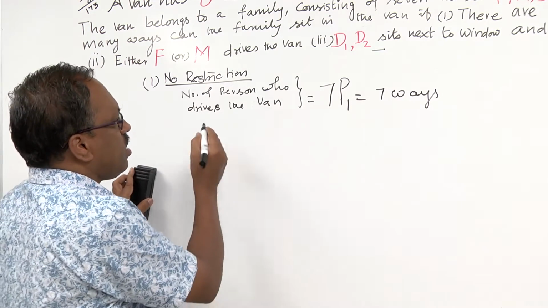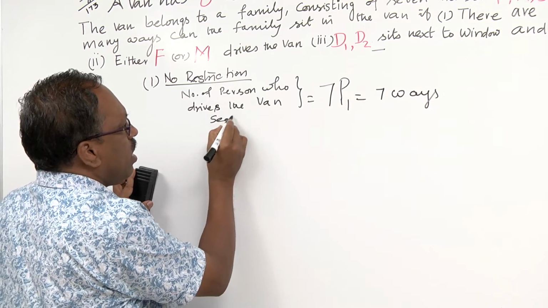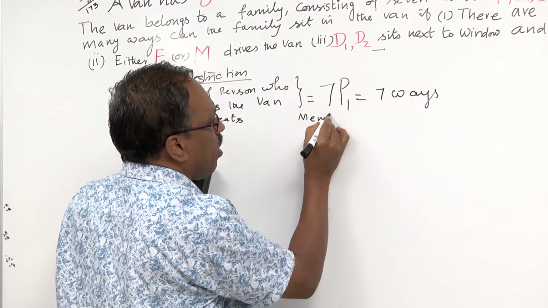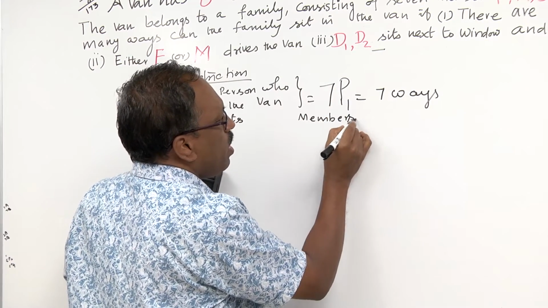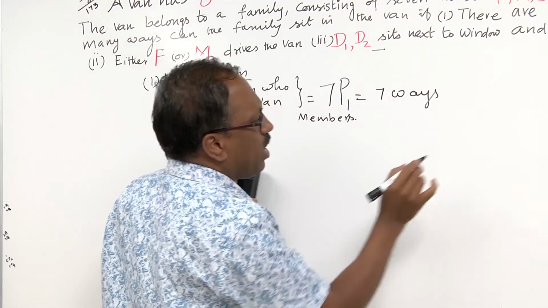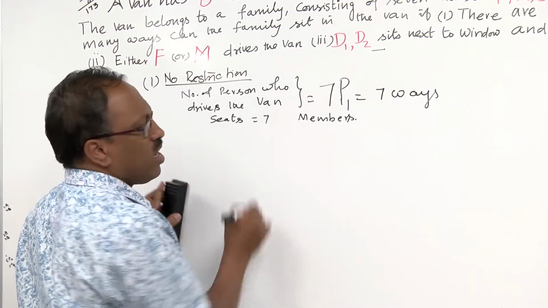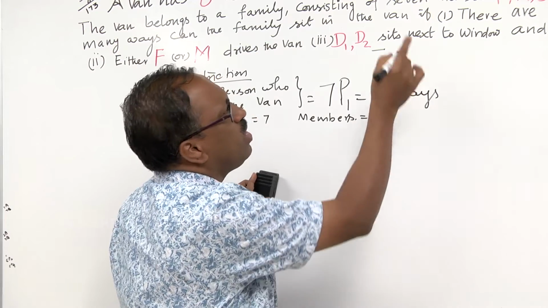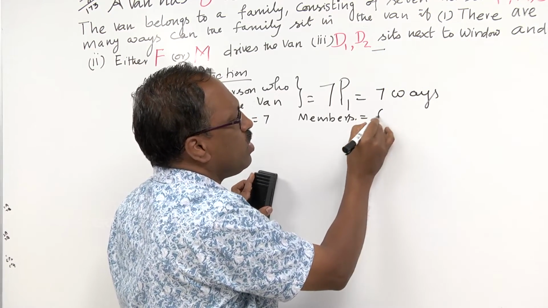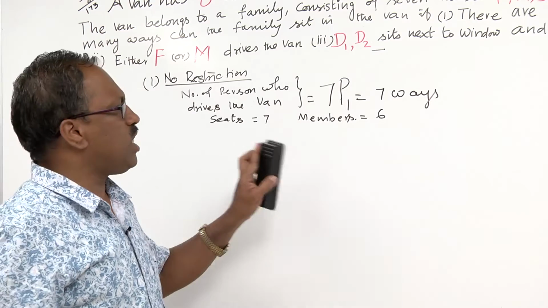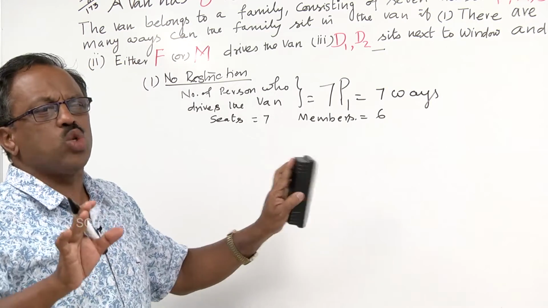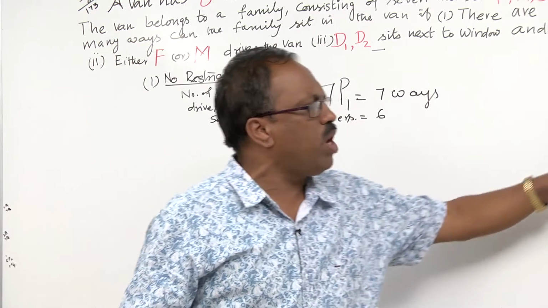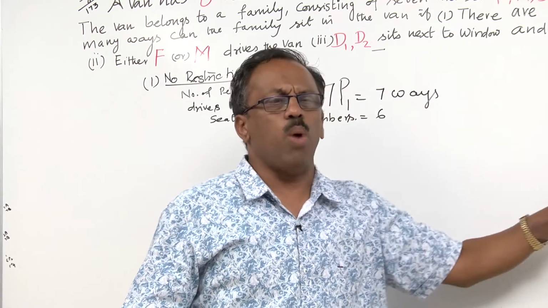Secondly, the seats are there. How many seats are there? How many members are there? That is what we have to think over. Now 1 is accommodated. The seats are 7 here and the members are now 7 minus 1, which is 6. Now 6 members have to be accommodated in this van.